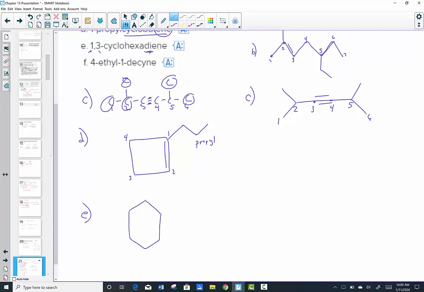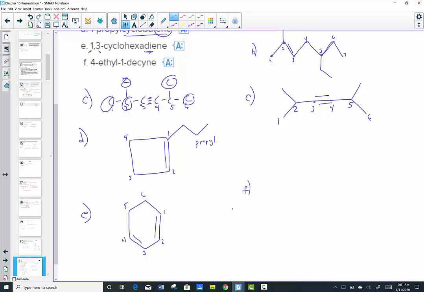That's a 6-membered ring. When I draw my first double bond, I've just given definition to all of the numbers in the cyclic structure. The double bond must be located between carbon 1 and 2. The next one has to be located between 3 and 4. And there it is. That's 1,3-cyclohexadiene.